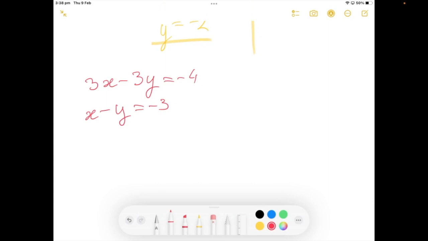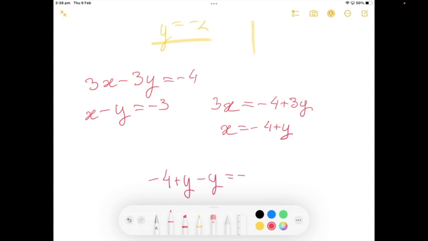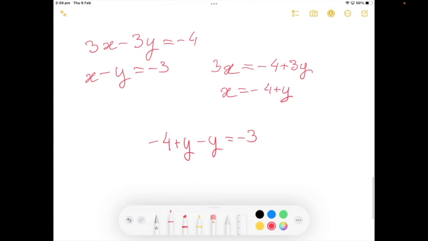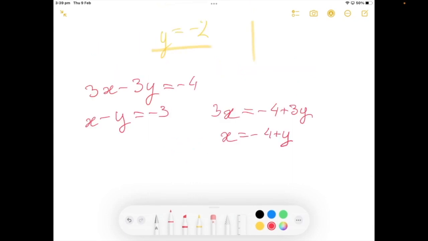I could do x equals 4 plus 3y. Then divide everything by 3. Let's see if this works. Which brings us back to this thing. Interesting.